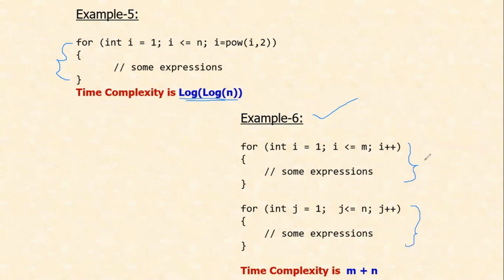The first loop time complexity is m because it is being repeated m number of times, and the second loop time complexity is n. Then the time complexity can be written as m plus n. So this is how we usually simplify the calculation of the time complexity.